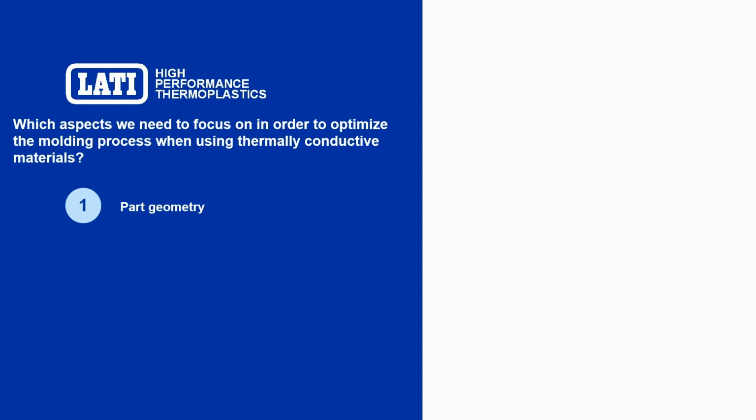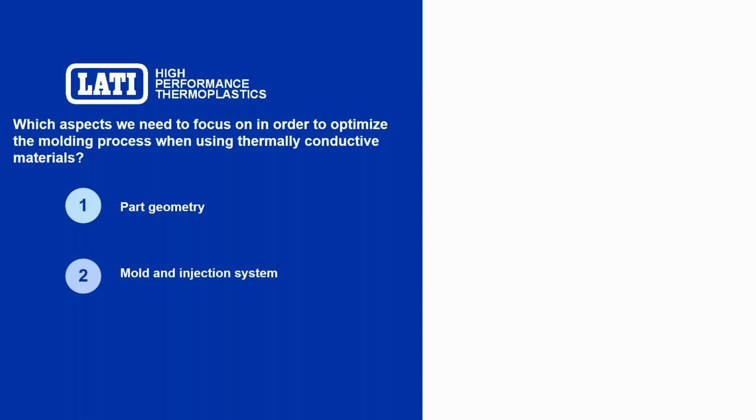So we usually start by designing a component from its geometry based on its functionality, but sometimes we forget to take into account how the geometry of the part will then affect the molding process. So we need to think about this from the beginning.